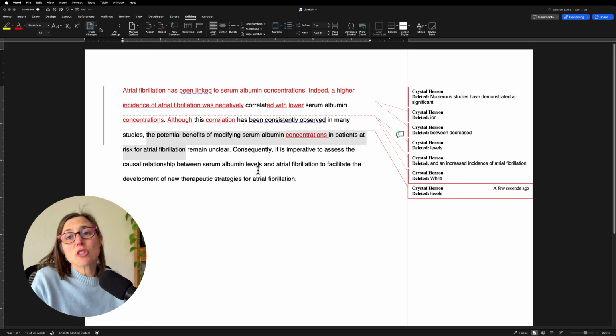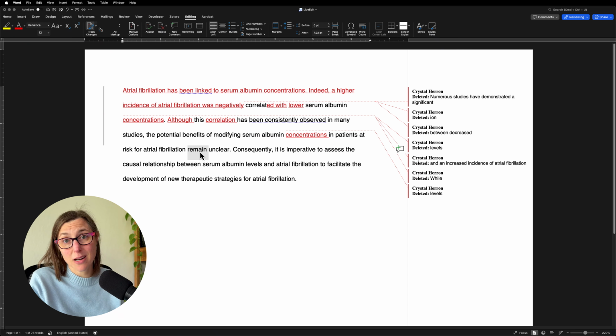Ideally you want short, concrete subjects in your sentences, and it will make it a lot clearer for readers. That means you want one, two, in a rare case maybe three words before the main verb of the sentence so that the subject is clear and concrete. Here you have this huge long phrase before you get to the main verb, "remain." That is something I also want to change.